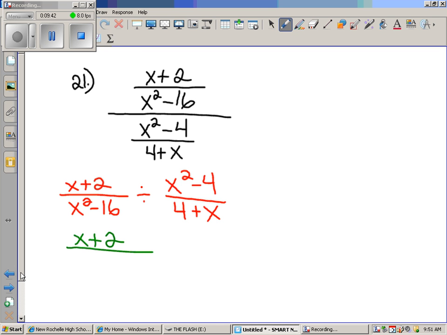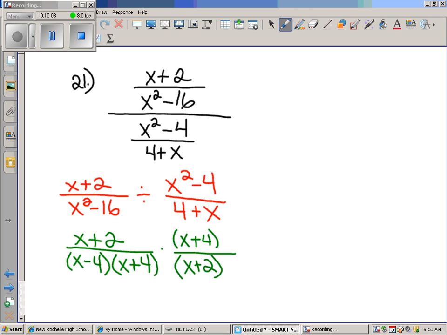Can I do lots of steps at once? Good. x minus 4, x plus 4. I factored the bottom. I got to keep, change, flip it. I'm going to rotate that around. That's just going to be x plus 4 divided by, and then this one's going to be x plus 2, x minus 2.